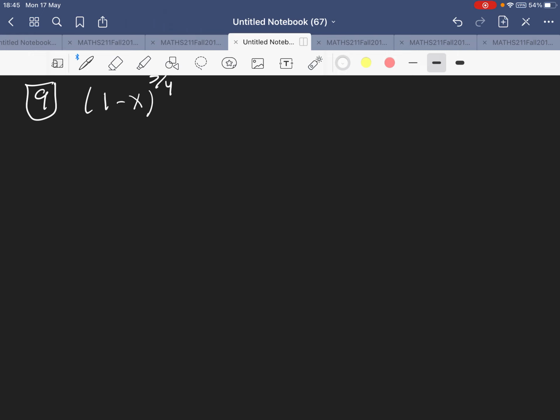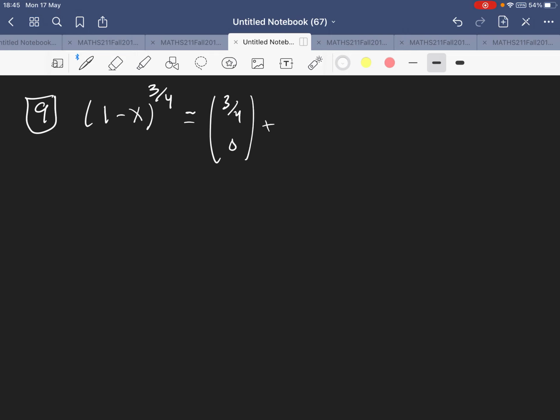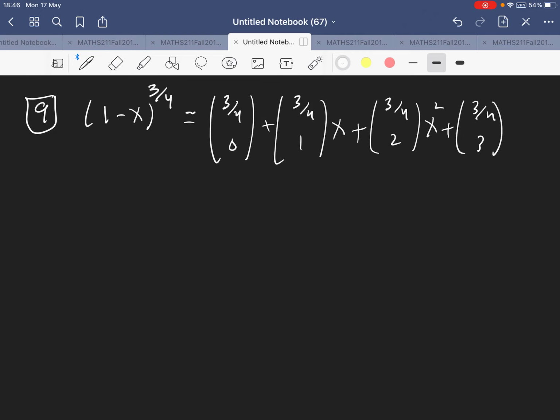I'm sure this one is even easier. This is just 3 over 4 choose 0, plus 3 over 4 choose 1 times x, plus 3 over 4 choose 2 times x squared. Usually we do 4 or 5 terms. That's enough for us. Now the first one is 1. The second one, if we calculate it, is 3 over 4 x.